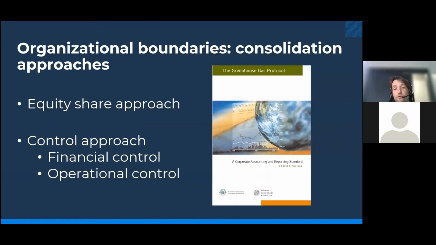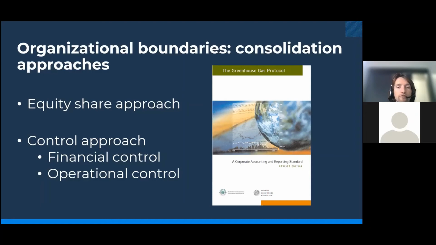According to the Greenhouse Gas Protocol, there are 3 different approaches. One is an equity share approach, which I don't think will apply to many of you on this call. Equity share is essentially looking at how much equity we have in these assets, for example, and what their emissions are, and we apportion to ourselves the amount of carbon emissions based on the percentage of equity that we own.